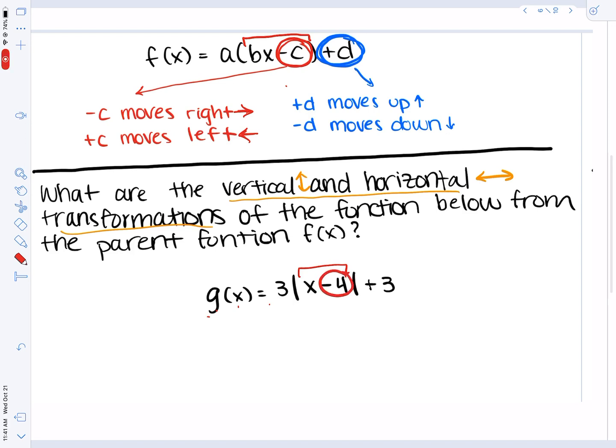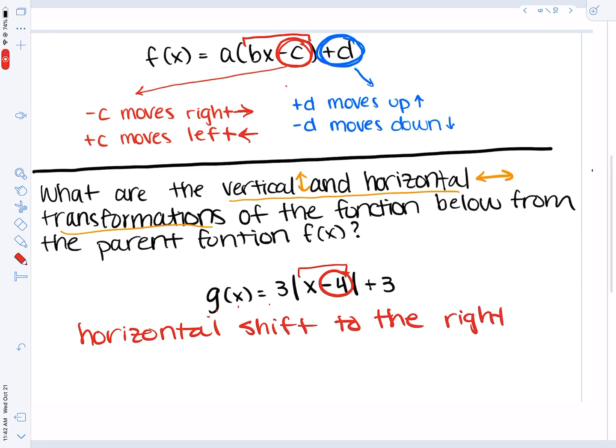Negative 4 is my c value, and it moves to the right. Very good, it's a horizontal shift to the right. Now, what is my d value? Very good. It says plus 3 right here, and that plus 3 moves up. Very good. Vertical shift up.